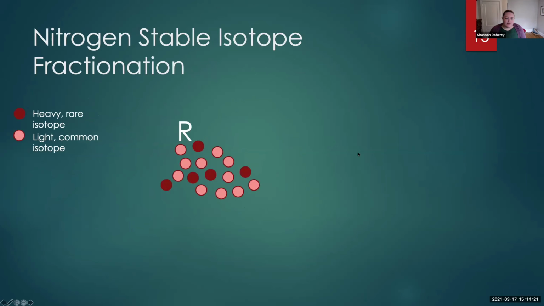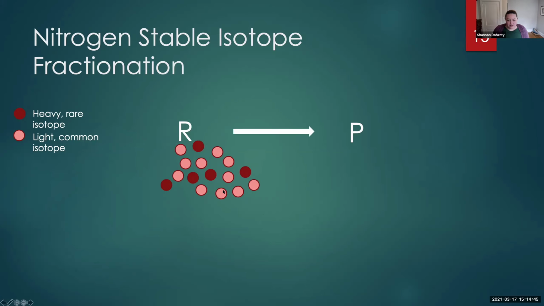And to explain this a little more, I'll go through what isotope fractionation looks like. If we have a chemical reaction, we have our reactant, which is made up of a mix of the heavy or rare isotopes in these darker red circles, and the light common isotope, which is made up of the lighter circles.